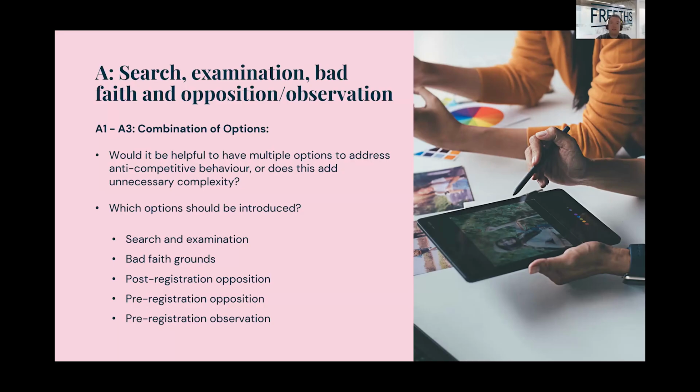So effectively, that means either the registrar picks something up, or a third party can flag something to the registrar and hope that that triggers the registrar to use their discretion to run with an invalidity argument on novelty or lack of individual character.